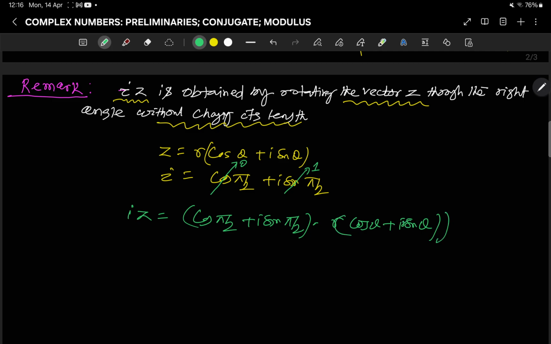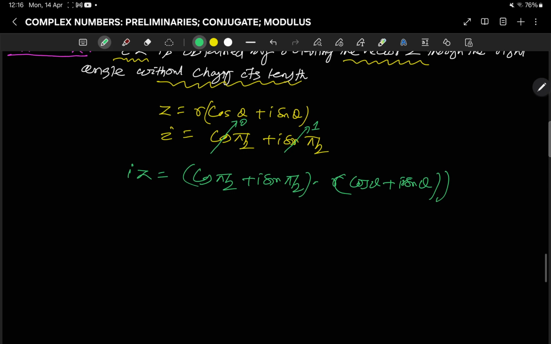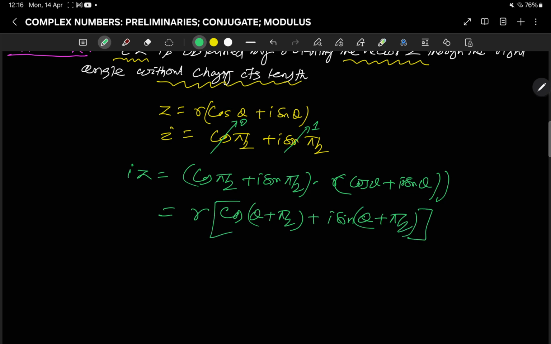Now you multiply it. You know the multiplication of two complex numbers. If you multiply it, we will find r(cos(theta plus pi by 2) plus i sin(theta plus pi by 2)). So what do we conclude? Here the rotation was theta, but now we are getting theta plus pi by 2.